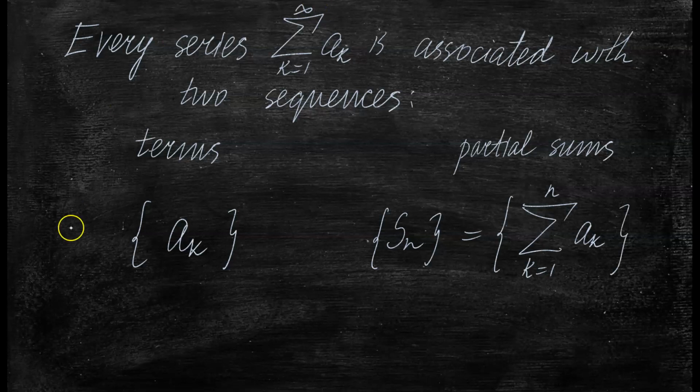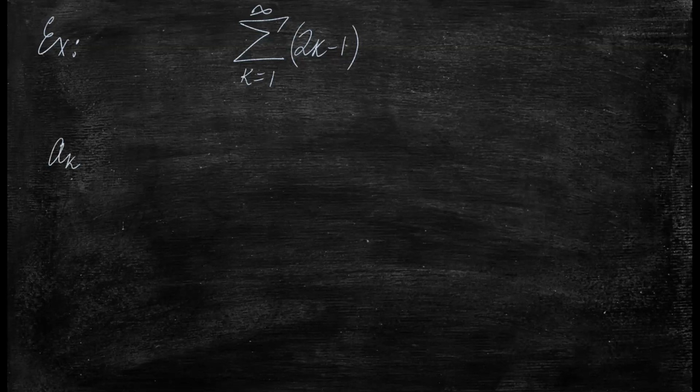So for example, if we look at the series made of odd numbers, the first sequence that corresponds to this series is the sequence of the odd numbers.